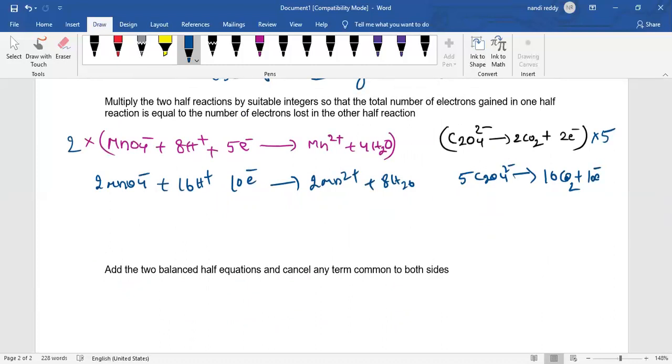So I'm adding here 2 MnO4 minus plus 16H plus 10 electrons gives rise to 2 Mn2 plus 8H2O. Now add the two equations.